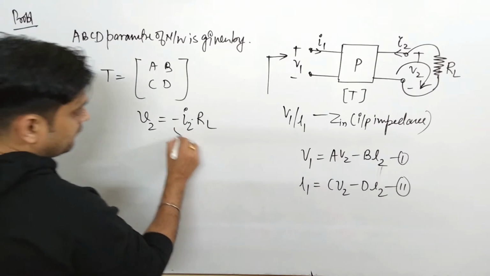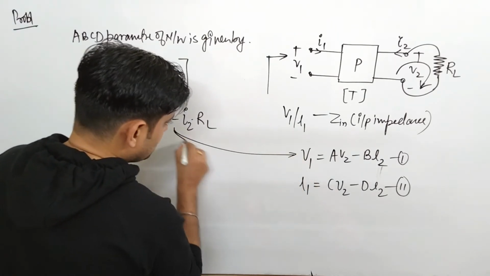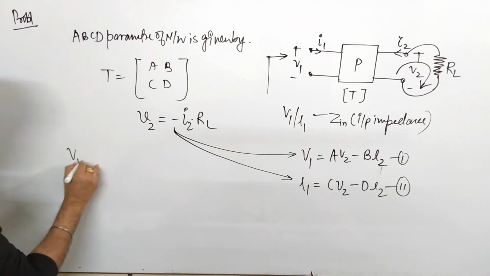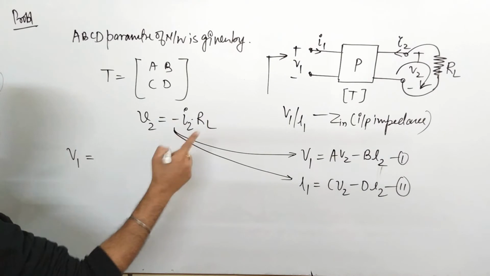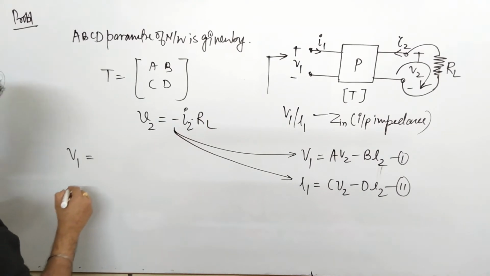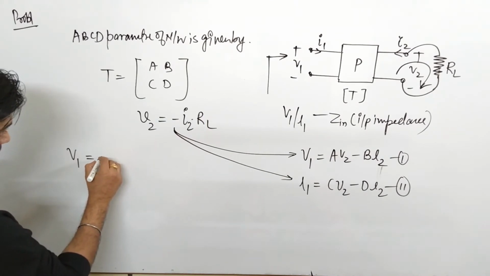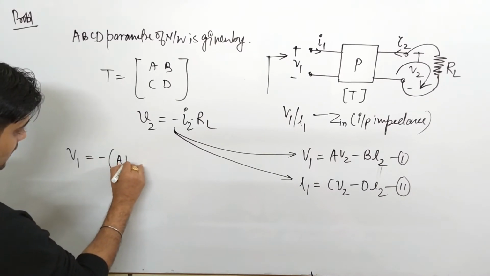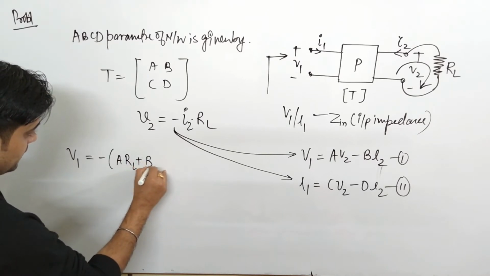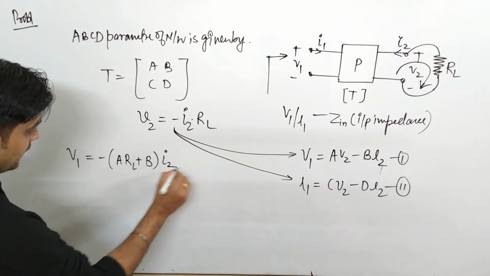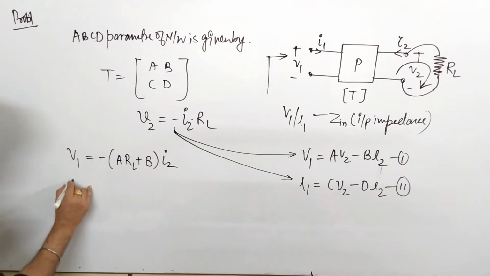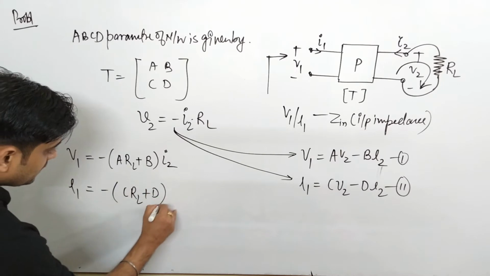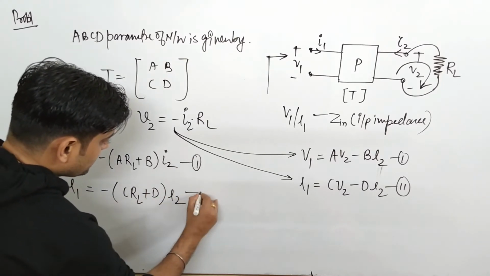Now if you put this value in both the equations, from here you can say that V1, if you put V2 as minus I2 RL, is minus of A RL plus B into I2. And I1 you can write as minus of CRL plus D into I2. Again, this is your first, this is your second.